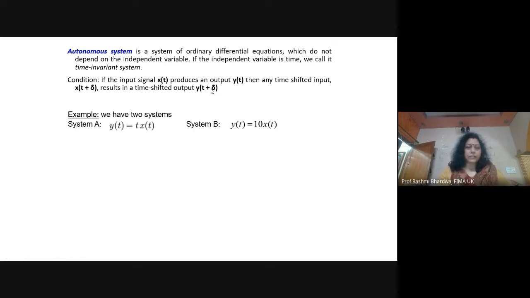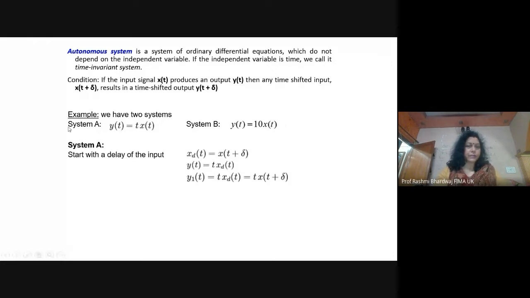So we are taking an example of two systems. Suppose one system is y(t) equal to t times x(t) and another one is y(t) equal to 10 times x(t). Now see which system is autonomous and which is dependent on time. Taking system A, suppose I start with some delay.